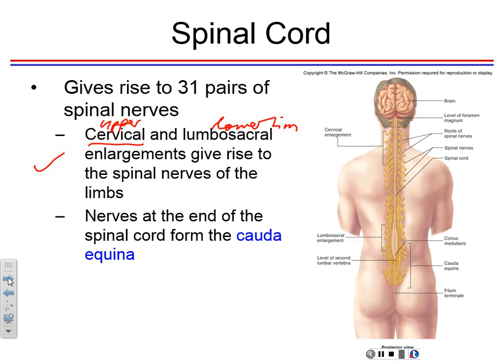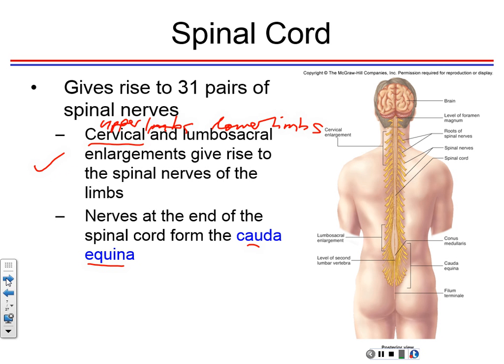For the lower limbs, there's 2 of each. And of course the nerves in the lumbosacral enlargement form a horse's tail. It's called Cauda Equina.